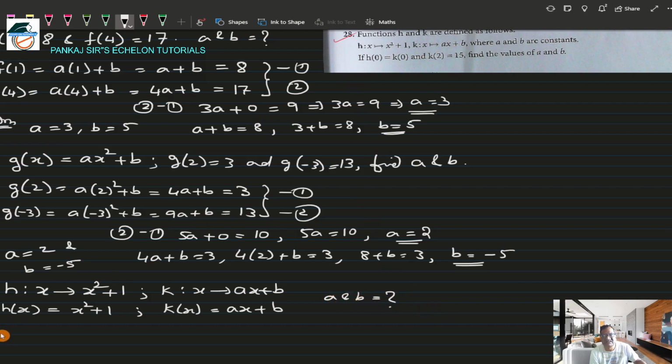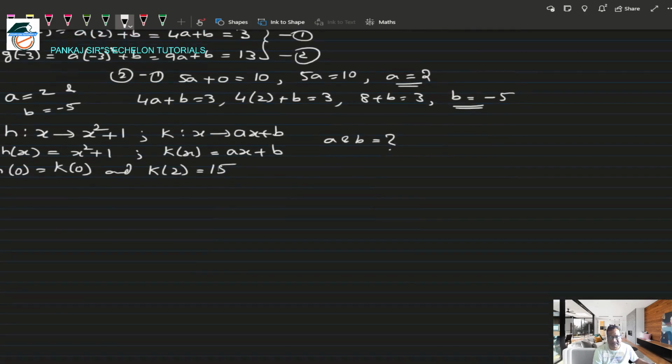And what is given is this, h of 0 is equal to k of 0, and they have given you that k of 2 is equal to 15. Right, this is given. Find the value of a and b. Right, so let us try to do this question and finish up with this exercise.